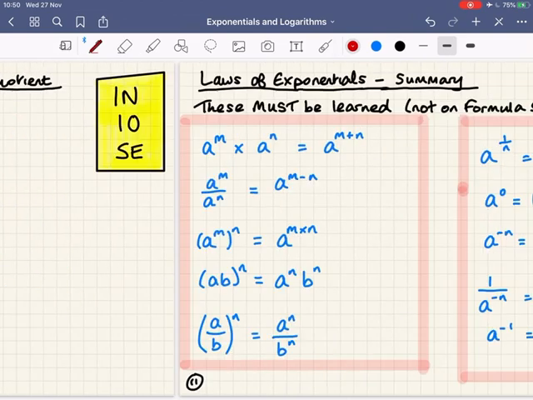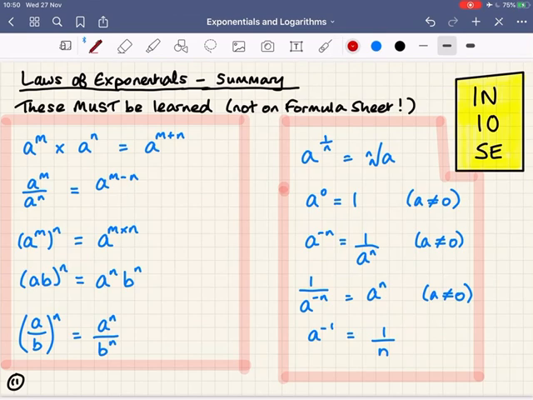So I've gone through those really quickly, but it's good just to recap on the laws of exponentials. On this slide, here's a summary. Take a screenshot or write them down, or make sure you've got them somewhere so that you can learn them. There's a couple of extra results that I put in there just as a note. Make sure you remember that A to the power of 0, this one here, is equal to 1.